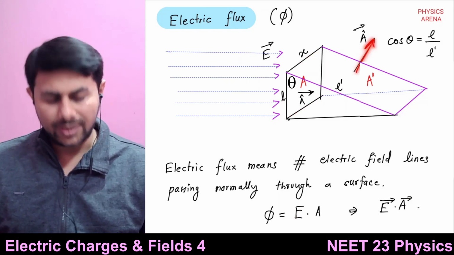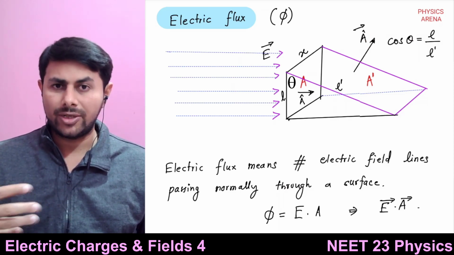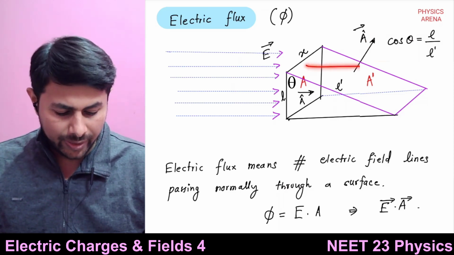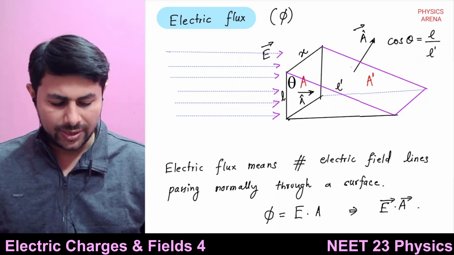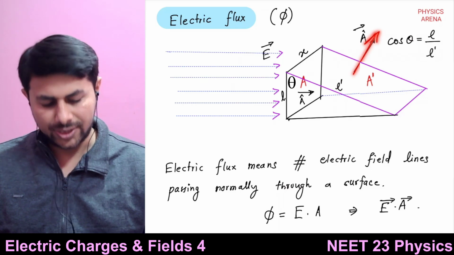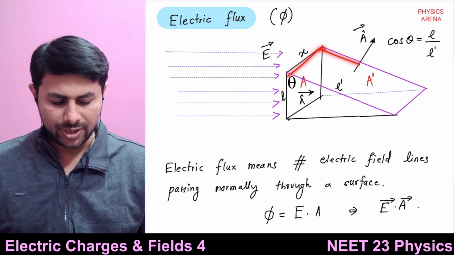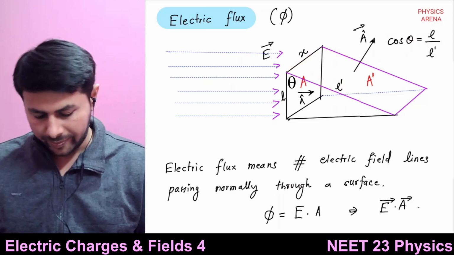But what about this area? For this area, if you take E bar dot A bar, it will give you flux. Okay. So what is the direction of electric field? It is this direction. What is the direction of area? It is this direction, which is perpendicular to the plane of the area.